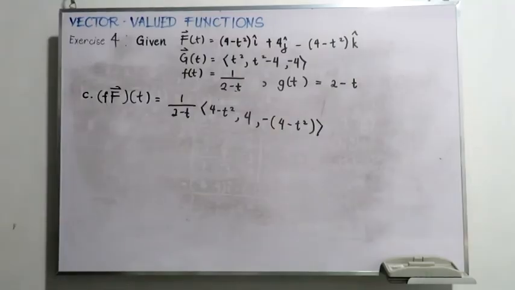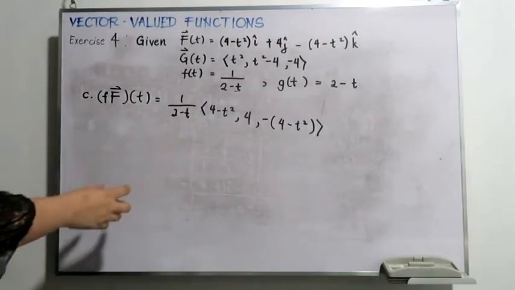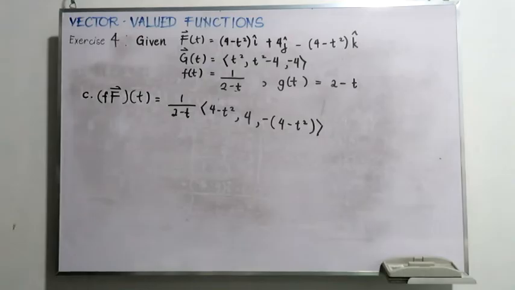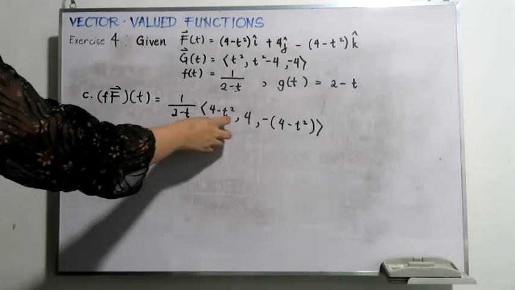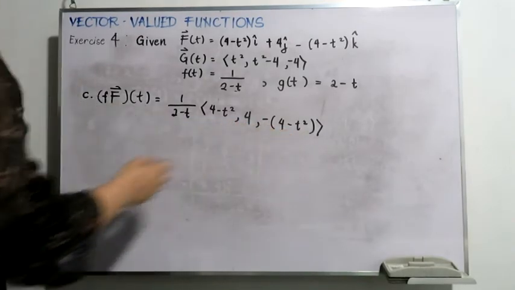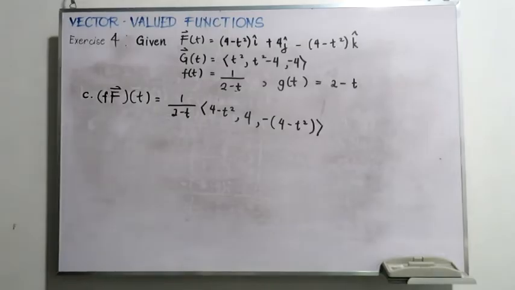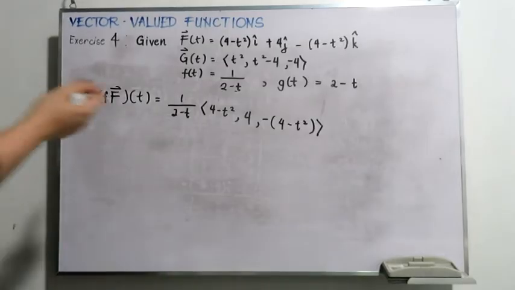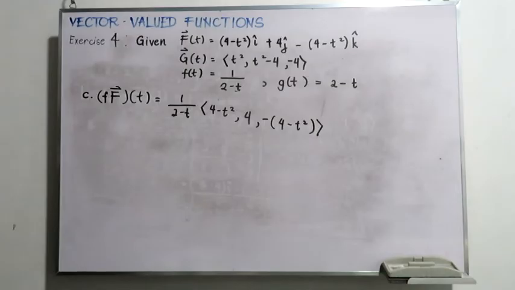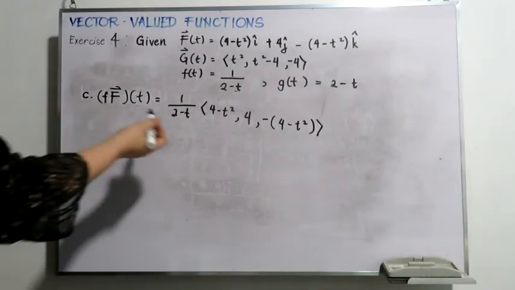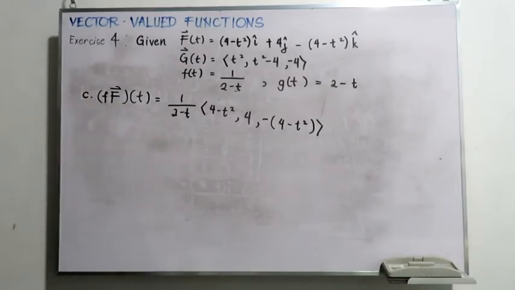We simply distribute f, that is, we multiply f to each component of capital F. Note that 4 minus t squared can be factored out as 2 minus t times 2 plus t.